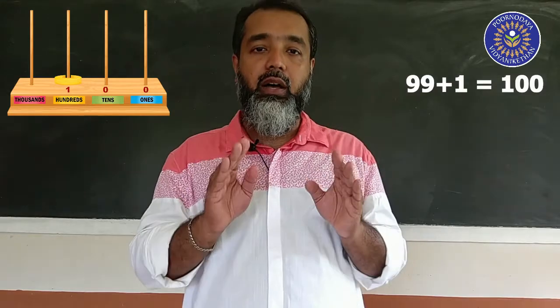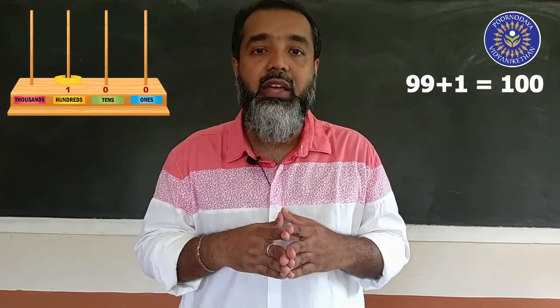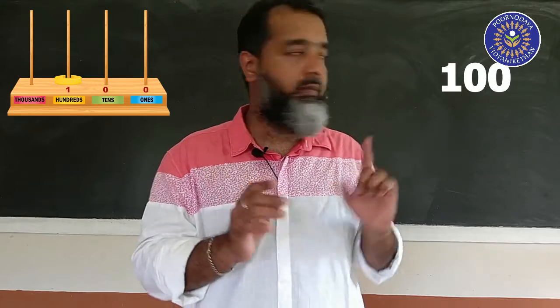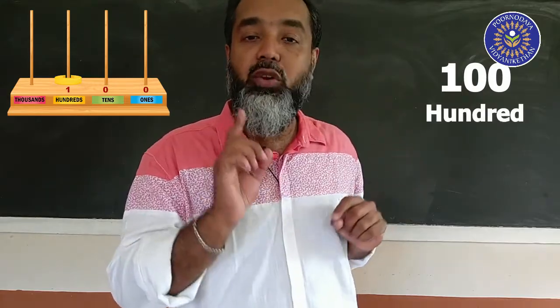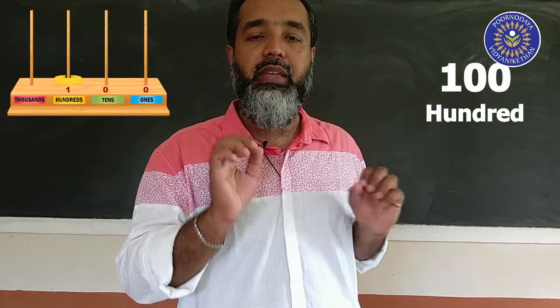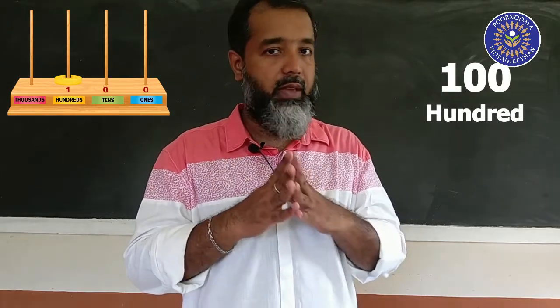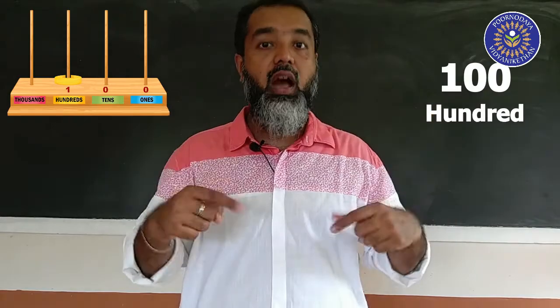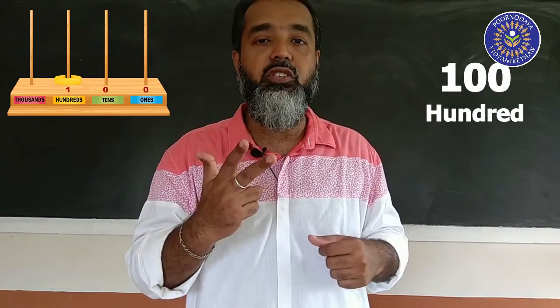Again, the smallest 3-digit number is 100. Again, what is the largest, highest 3-digit number?